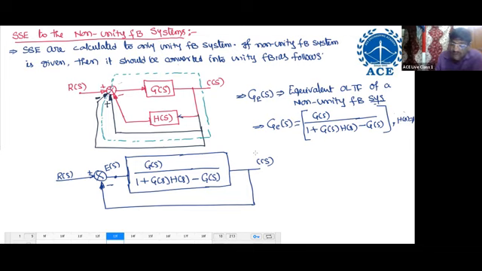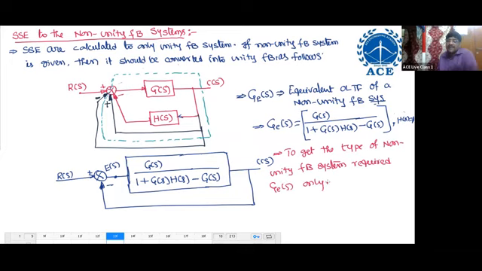To get the type of a non-unity feedback system, we require GE of S only. Okay?